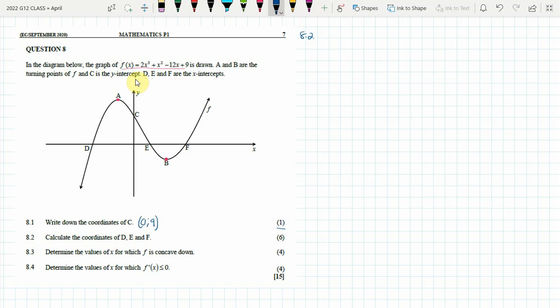Where do we solve for x? In which equation? Of f(x) equals 0. Yes. So we must solve for x in this equation, f(x) equals 0. Now, what's the first thing we do?